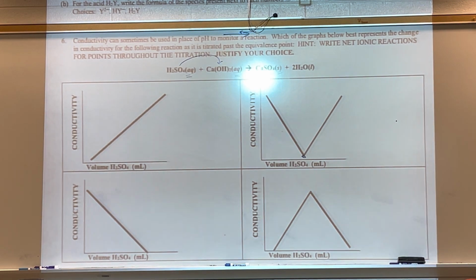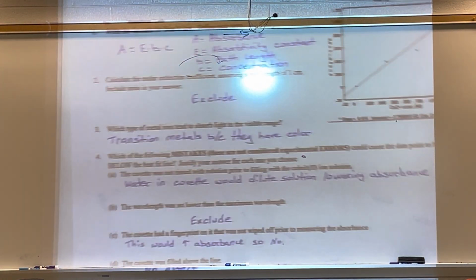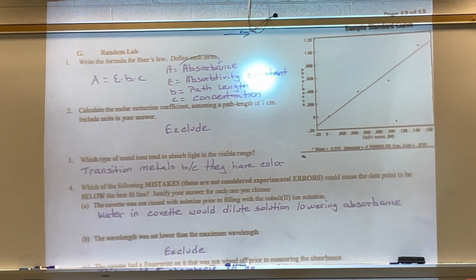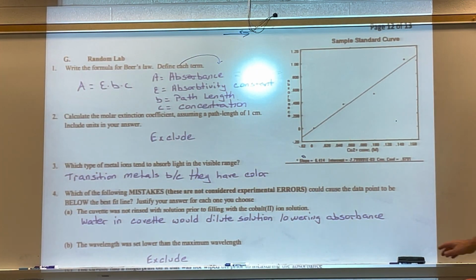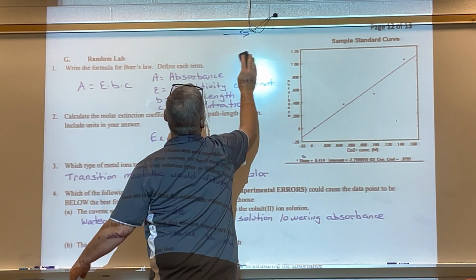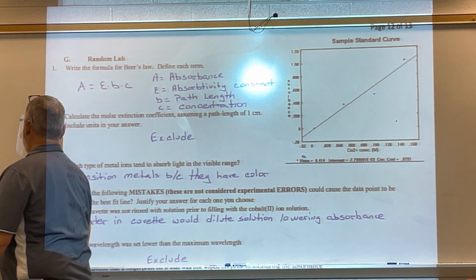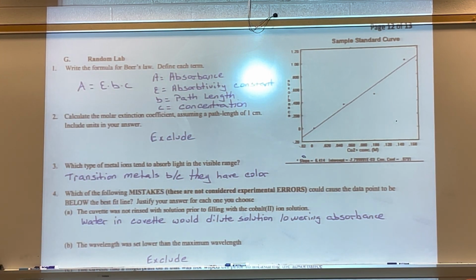Last page. Beer's Law, random lab. Beer's Law is a favorite to ask questions about, lab questions. So just remember that absorbance is equal to a b c, your constant times your path length times your concentration.